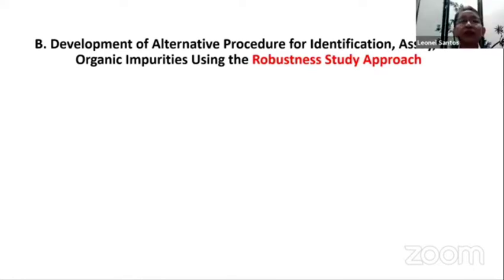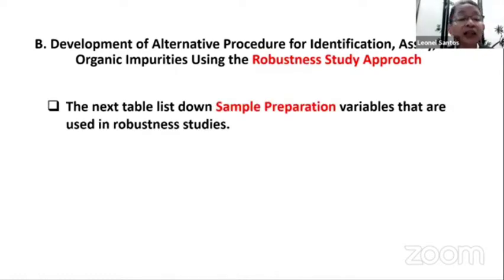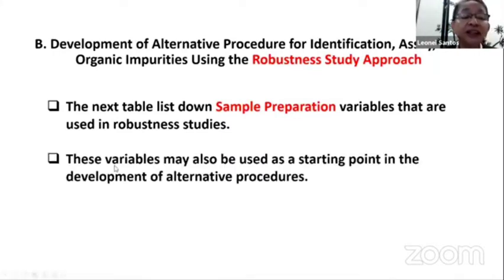For example, if you change the temperature, is it going to be critical? Those are what is termed a robustness study. And the next table will show that sample preparation variables can be adjusted or revised based on the robustness studies, and these variables may be used as your starting point in the development of an alternative procedure.